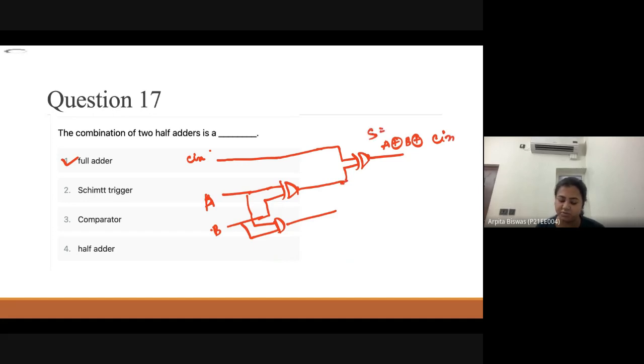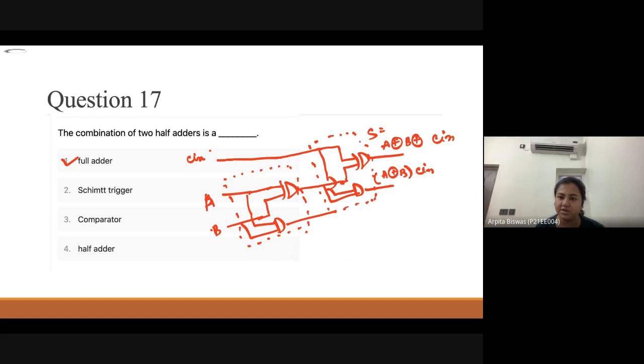And from there also an AND gate is coming, and the value is A XOR B into C in. So again, we can see the two half adders forming the one full adder, which was our question.